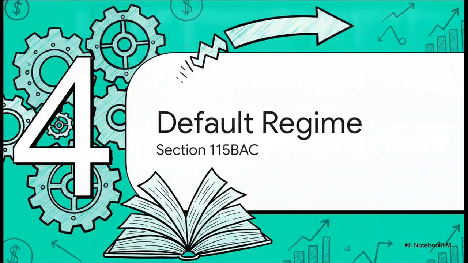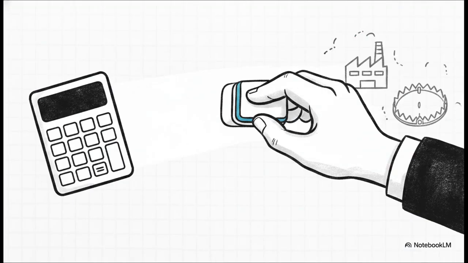Moving on to Part 4, the default regime under Section 115BAC. Let's see how this builds. Okay, so under the 115BAC default regime, we see a really dramatic shift in the rules. If Mr. Ishan decides to go down this path for AY 2026-27, basically everything we just calculated gets completely wiped off the board. Under 115BAC, you generally have to give up those special exemptions to access a different set of tax slab rates.